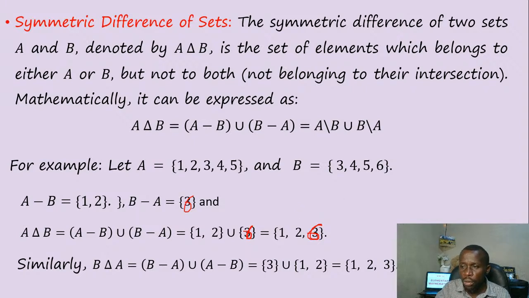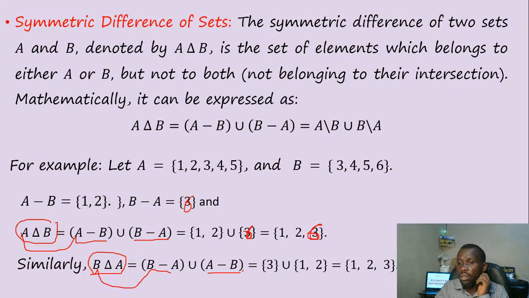For example, when we did A symmetric B, A appeared first: A minus B, before B minus A. In the second one, B symmetric A, B appears first: B minus A, before A minus B. So you have to pay attention to that. All right, so B minus A and then union A minus B. Here, please, is this 6? That is a typo error that I overlooked.